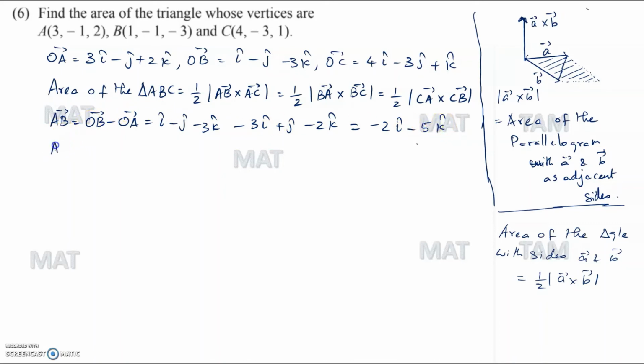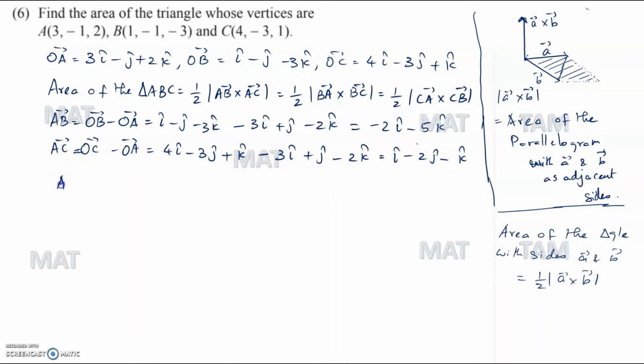Similarly, our vector AC is equal to OC vector minus OA vector. Our OC vector is 4i cap minus 3j cap plus k cap minus 3i cap plus j cap minus 2k cap. That's equal to 4 minus 3 is 1 i cap, minus 3 minus 1 is minus 4... so 1 i cap, minus 2 j cap, and minus 1, so minus k cap.